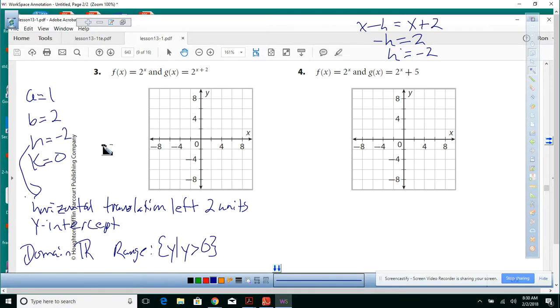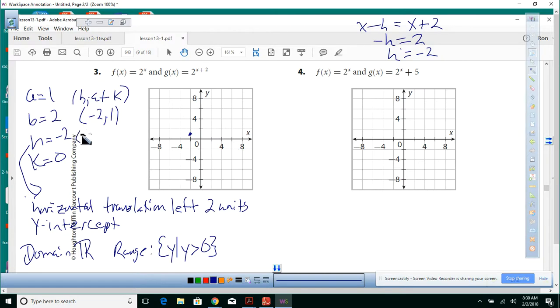So we got, what was that? 0, 1, that was, well, let's see here. We got h and then a plus k. So that's going to be, h is negative 2, and then a is 1 plus 0, negative 2, 1. So negative 2, 1 is going to be right there. All right.